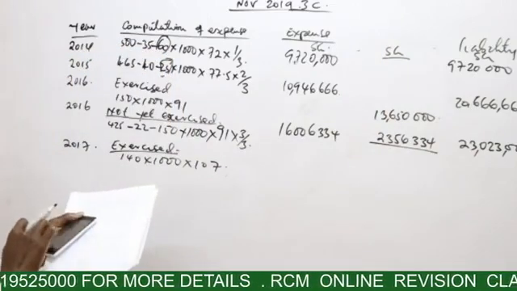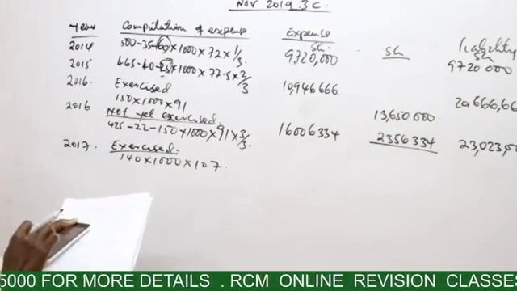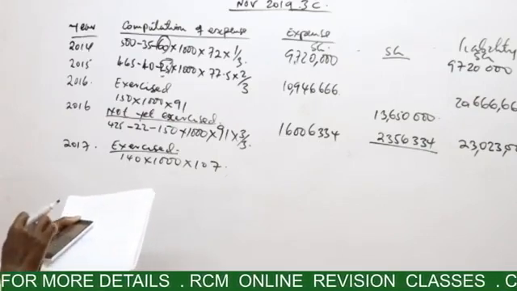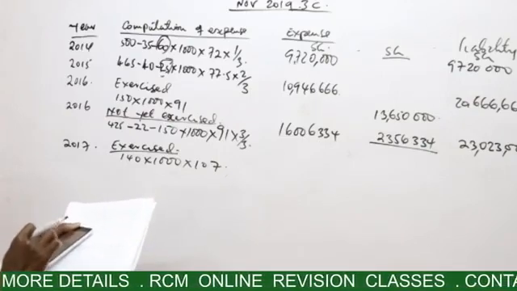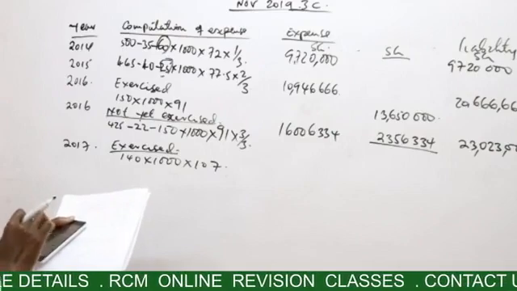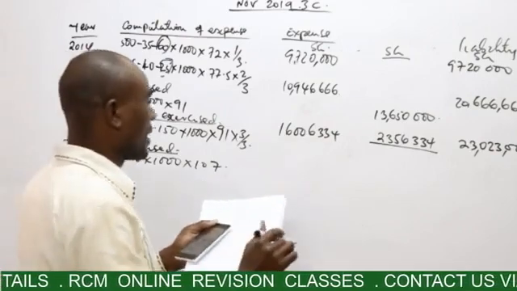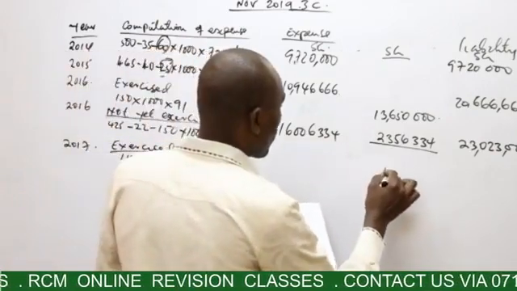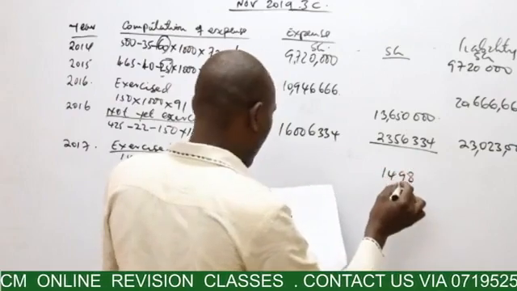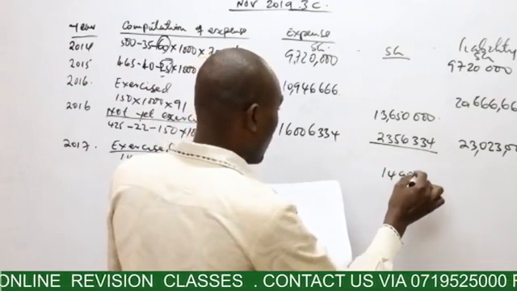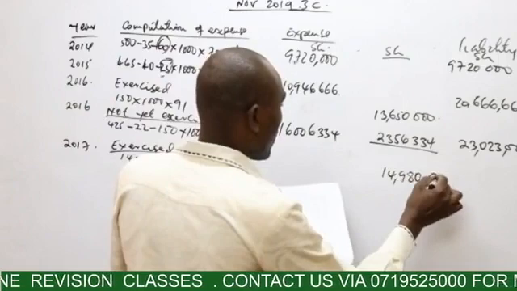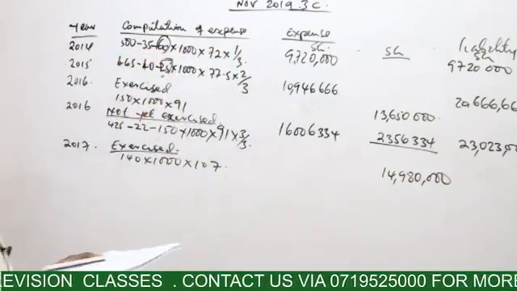Let's see, 140 times 1,000 times 107. I'm getting 1498,000 for those who exercised.